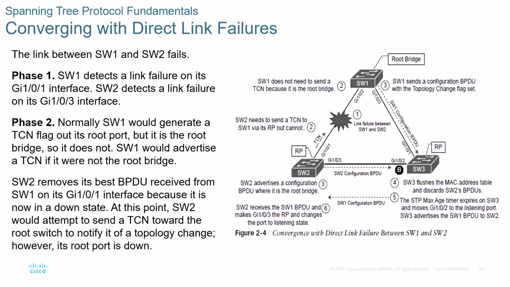But notice these are slightly different now. So what that means is, let me grab my pen. This was a root port, yes, but switch 2 will detect a link failure on its gig 1/0/3 interface.